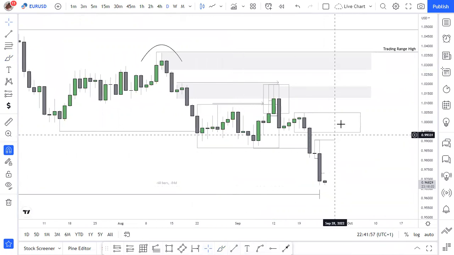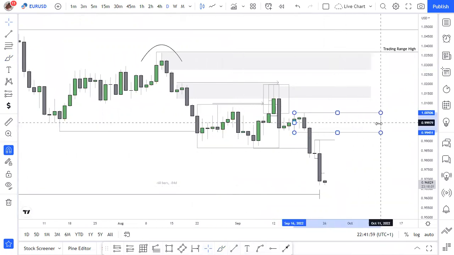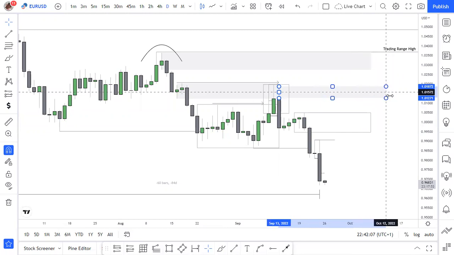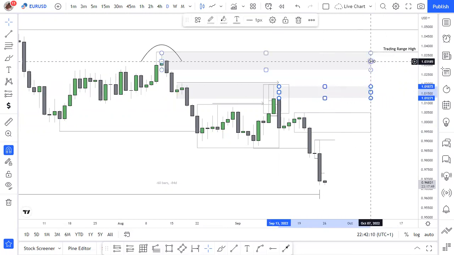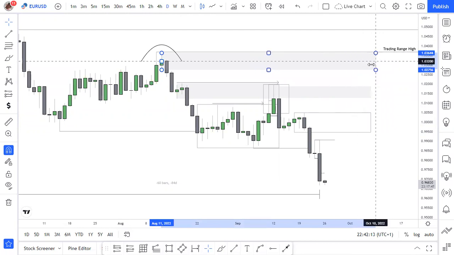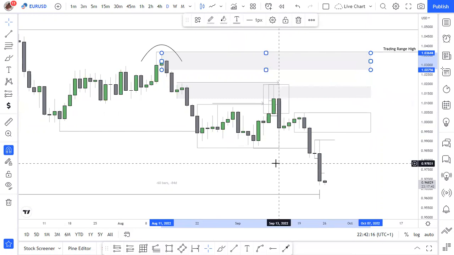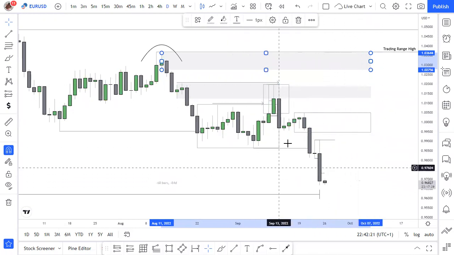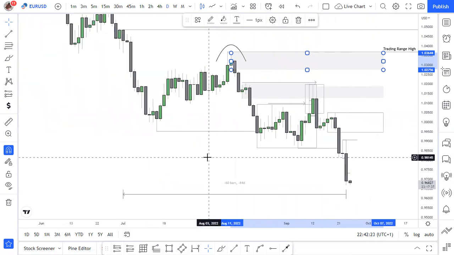We can look at this supply zone here as one of those zones. We can look at this supply here, I think this is a 4-hour supply zone. We can look at the supply zone here, and then we can look at this extreme zone here. So these are the zones we are looking at for sales, or let's say for continuation of the bearish market structure.